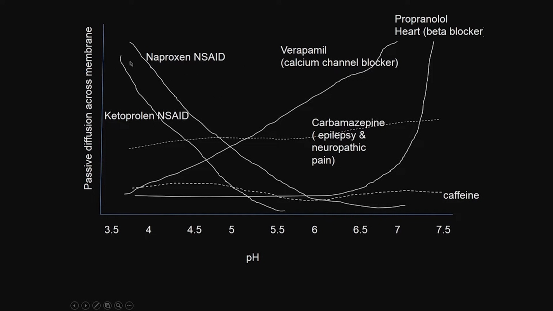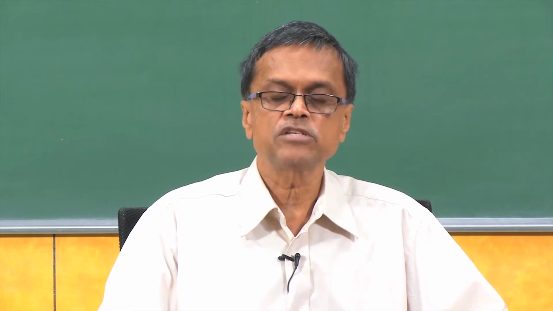As you can see, some diffuse very fast in acidic condition, some diffuse very fast in the basic condition, okay. So, that plays a very important role in the entire drug action as well as its viability.